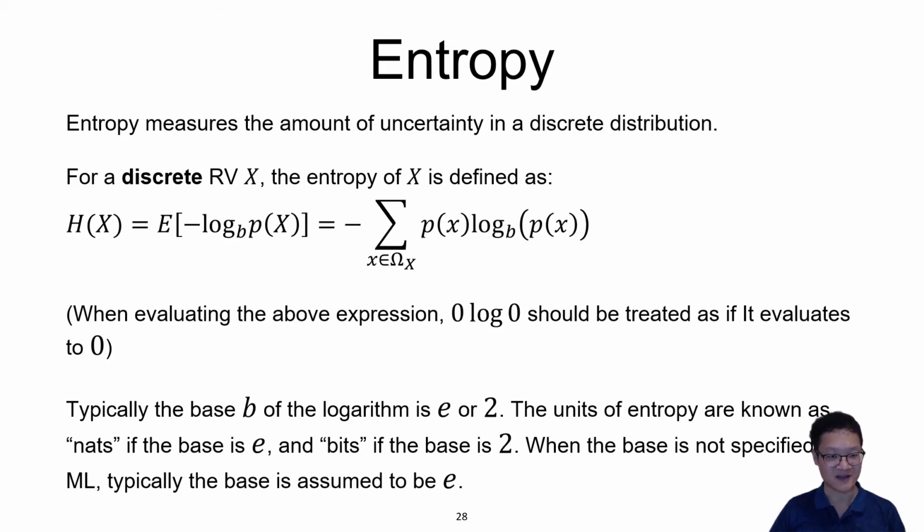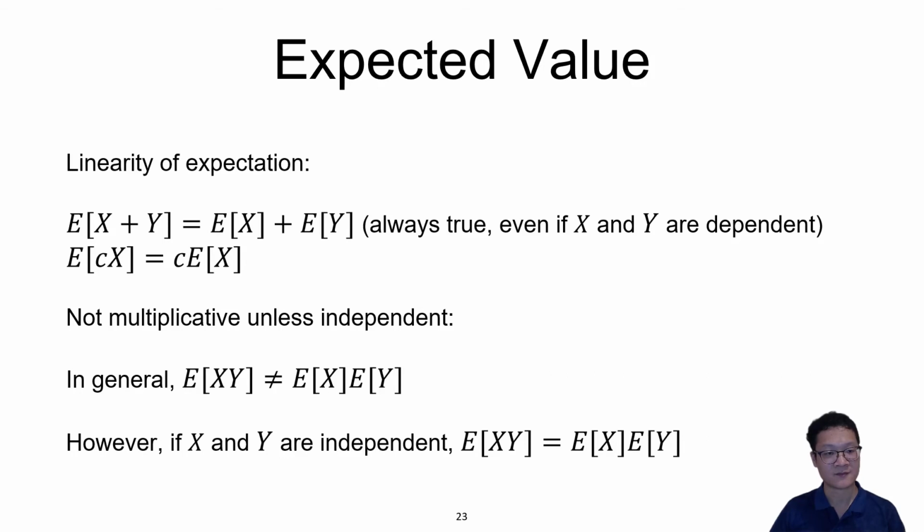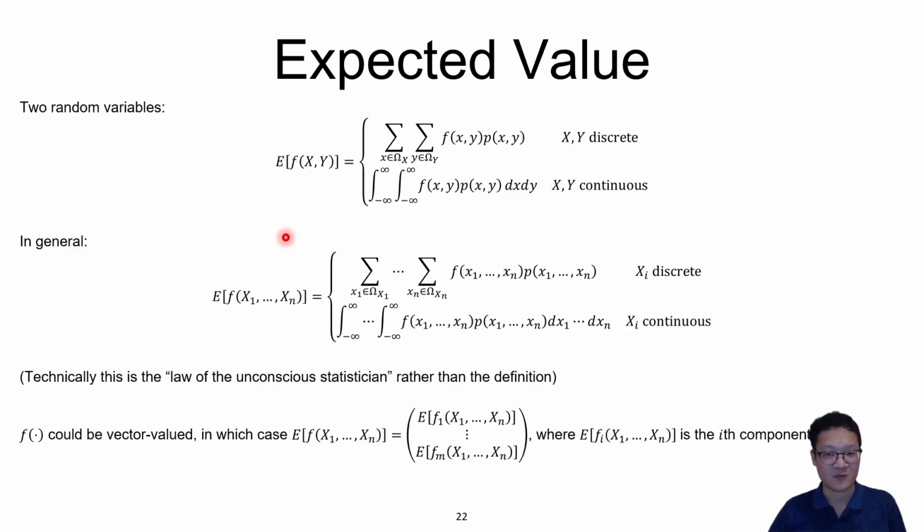So how do we understand this? Well, if you go back to expectation, when we have expectation of some function, we simply sum over all possibilities of the function multiplied by the distribution, right? So entropy is basically picking this function to be negative log p of x.